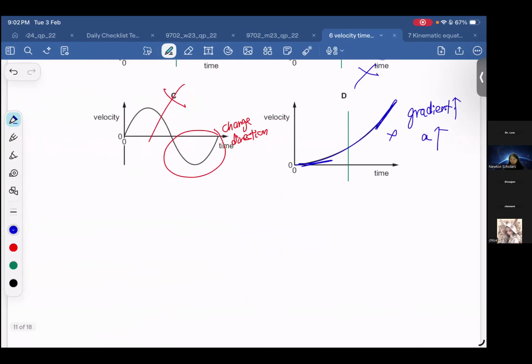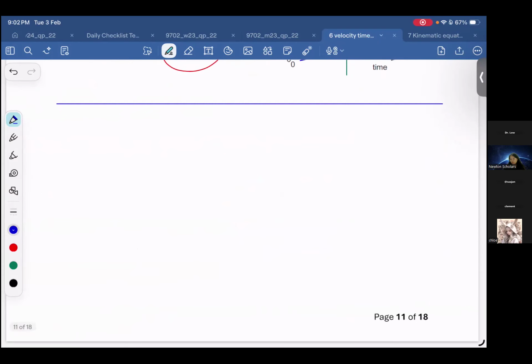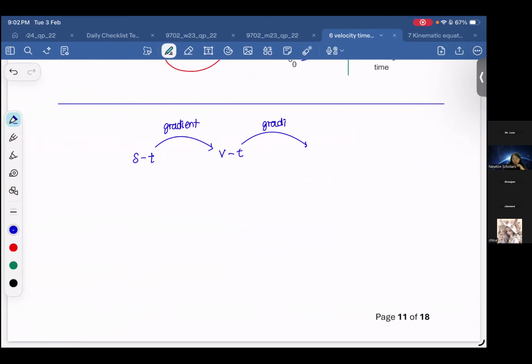Okay, here there is some space, on page number 11. If it is a displacement-time graph, when you find the gradient, you are finding the velocity. From the velocity-time graph, when you find the gradient, you are finding the acceleration.